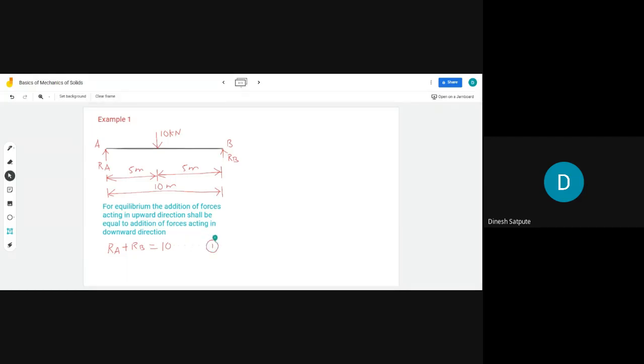Correct? Now, for the second equation, here I'll note step 1.